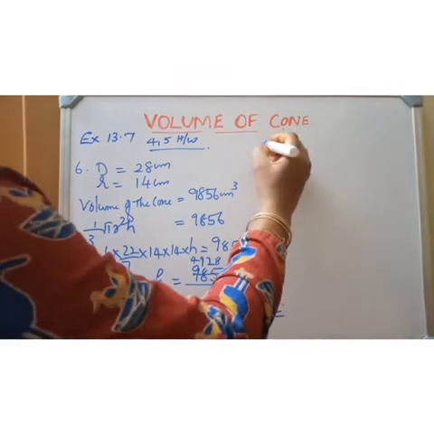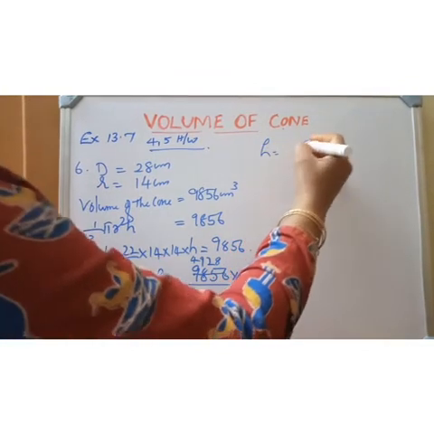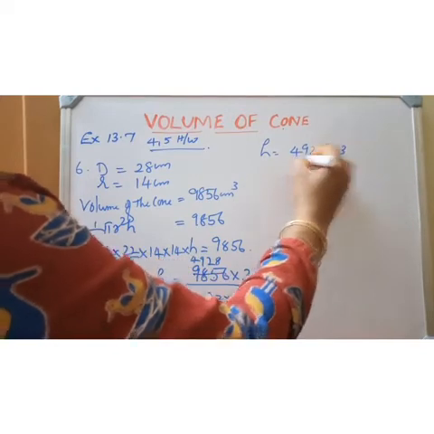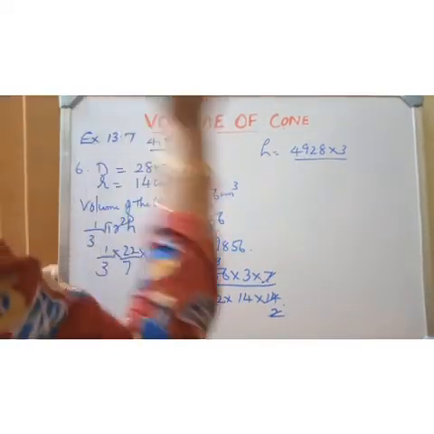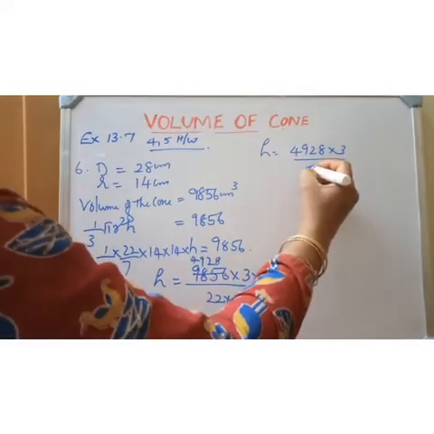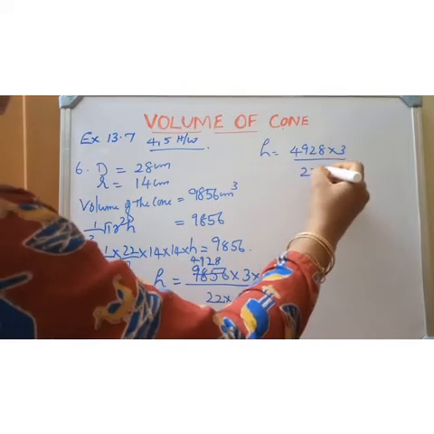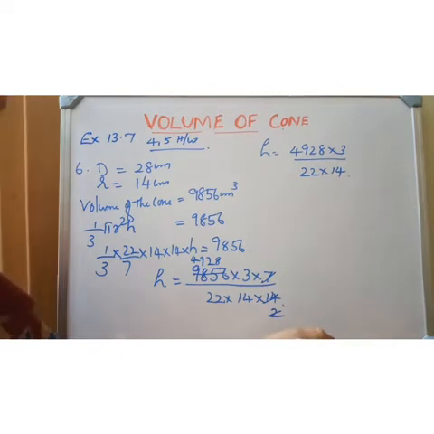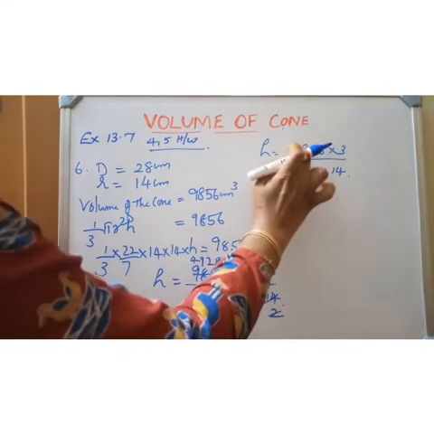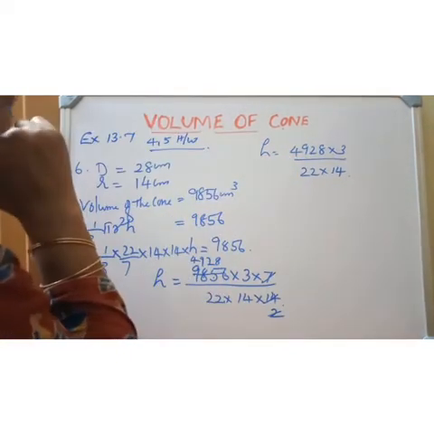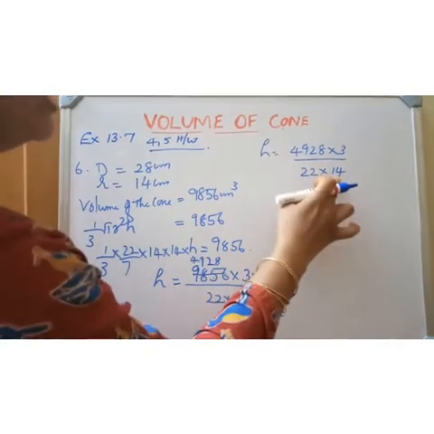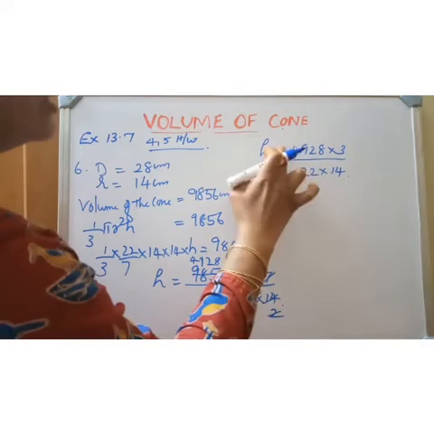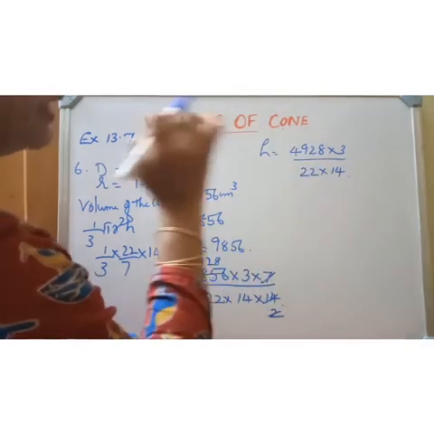So we will get h is equal to 4928 into 3 divided by 22 into 14. Okay. Next we can do this one. See, 4928, it is a multiple of 7, isn't it? 14 is also a multiple of 7. So I am doing this and this with the higher table as 7.